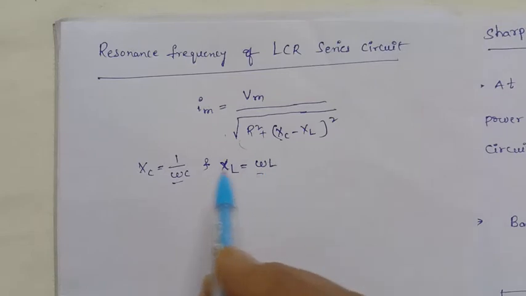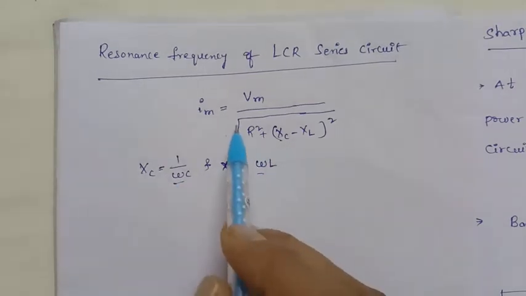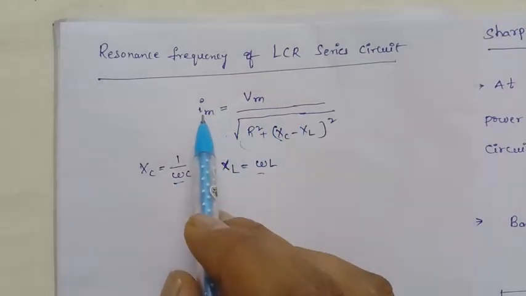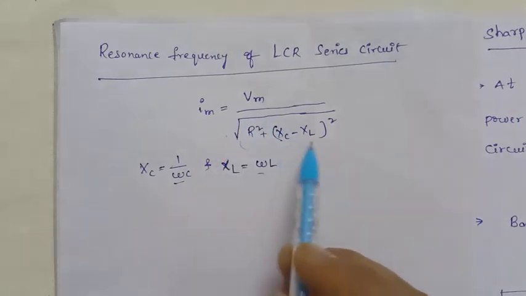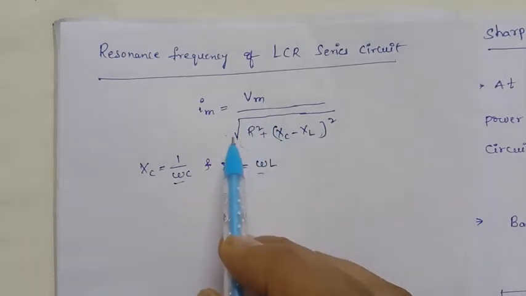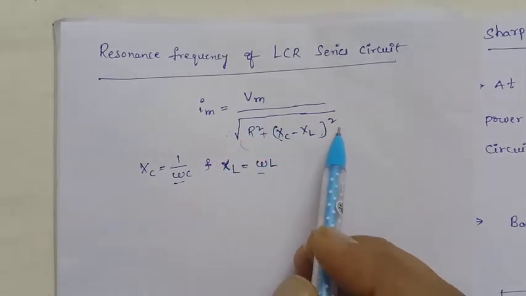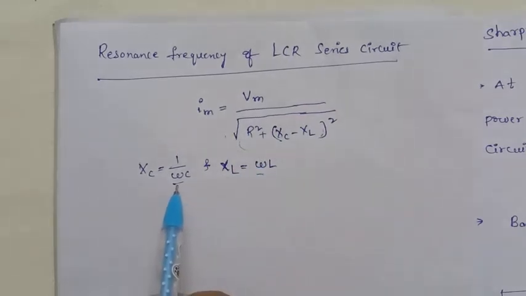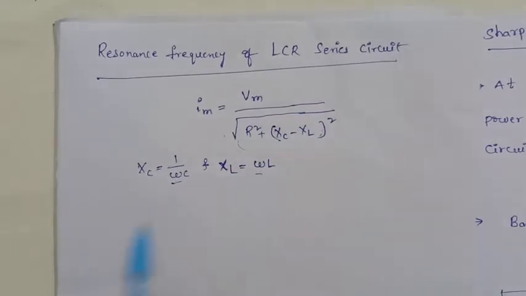So Im is equal to Vm by some resistance, and that resistance is called the impedance, which directly depends upon the angular frequency.